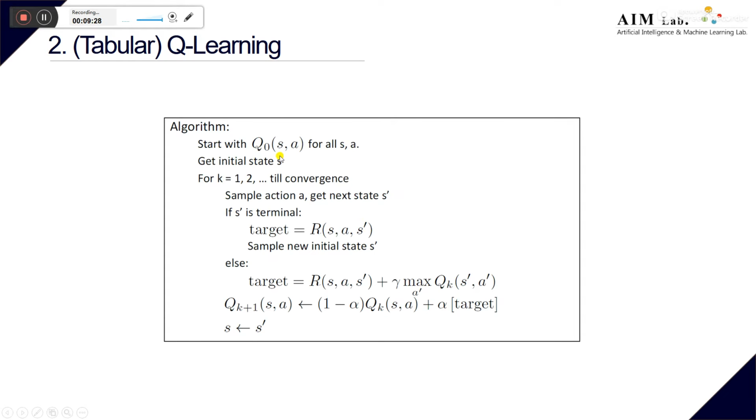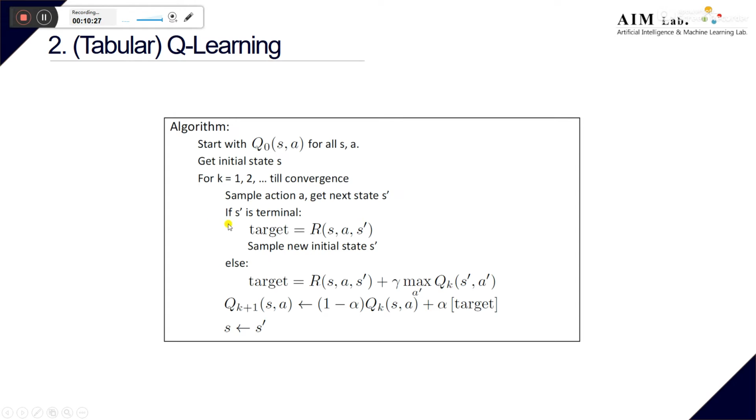It might be set to 0, and we also get an initial state S. In the very long loop, we sample an action A, randomly chosen from any probability, maybe uniform probability, and get the next state from the action and current state. It is called S prime.